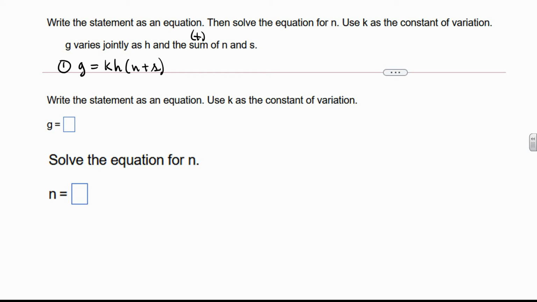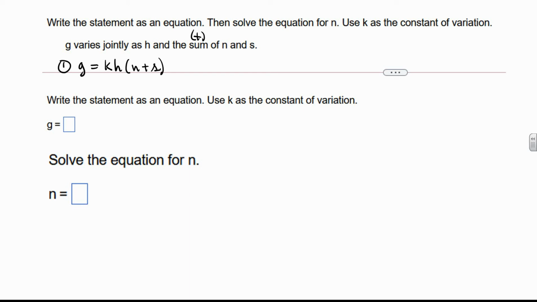Again, g varies jointly as h, that means that g is equal to some k. Jointly, that means that two things are going to be multiplied. What are the two things? It's h times the sum. H times, here, the sum in parentheses of n plus s.